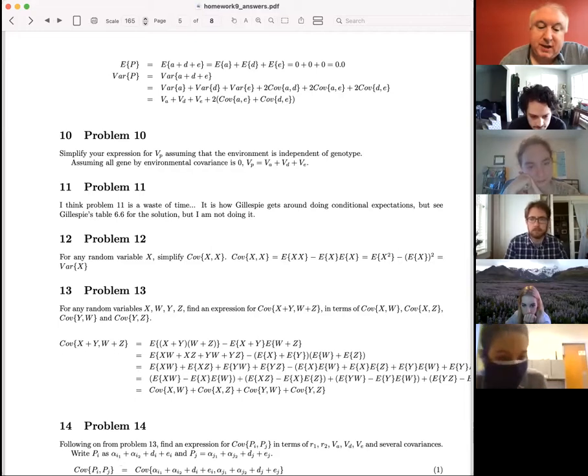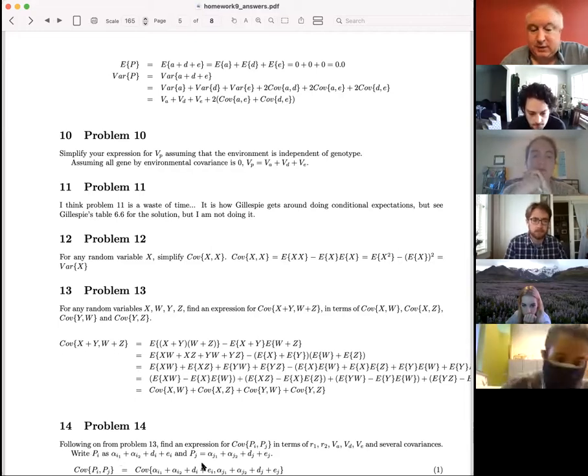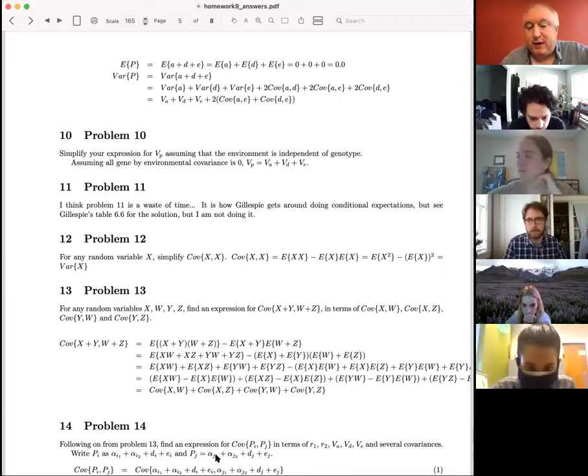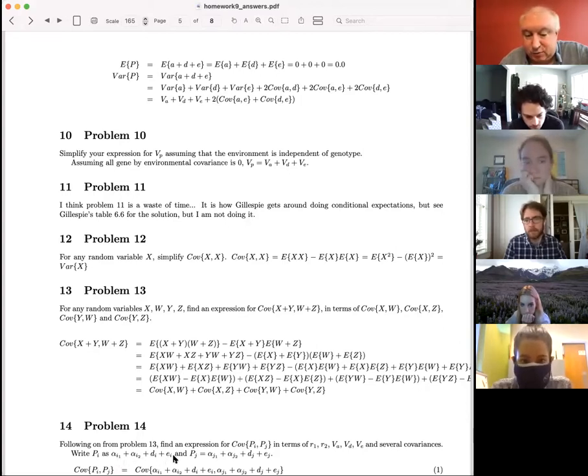That's how I'm going to think of person I's phenotype. I'm going to think of person J's phenotype as the additive effect from one of their alleles, the additive effect from their other allele, the dominance effect at this locus, plus the environmental effect. I'm going to keep track of person I versus J with these little I subscripts.